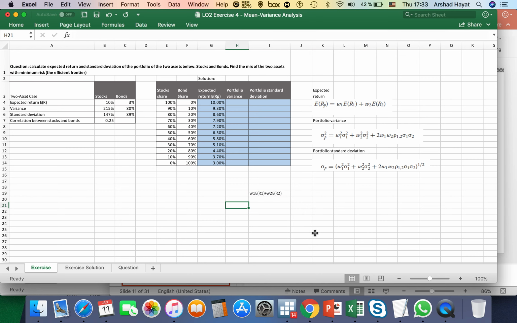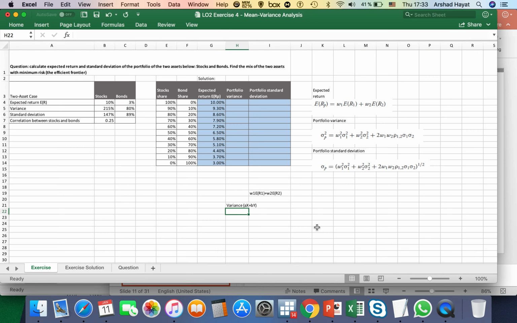When we apply variance to this, the general formula for the variance of AX plus BY applies, where A is W1, X is ER1, B is W2, and Y is ER2.